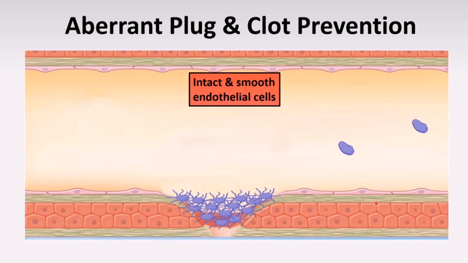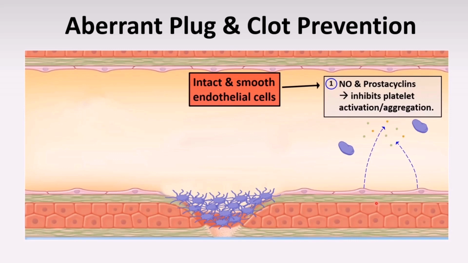And that's exactly what you have learned in your earlier lecture as well, because we say that intact endothelial cells are absolutely necessary to make sure that plaque formation doesn't happen anywhere else but at the site of the damaged vessel, because intact endothelial cells are able to release nitric oxide and prostacyclins that serve to inhibit platelet activation and aggregation. Right? So these restrict the plaque to occur only at the damaged wall.